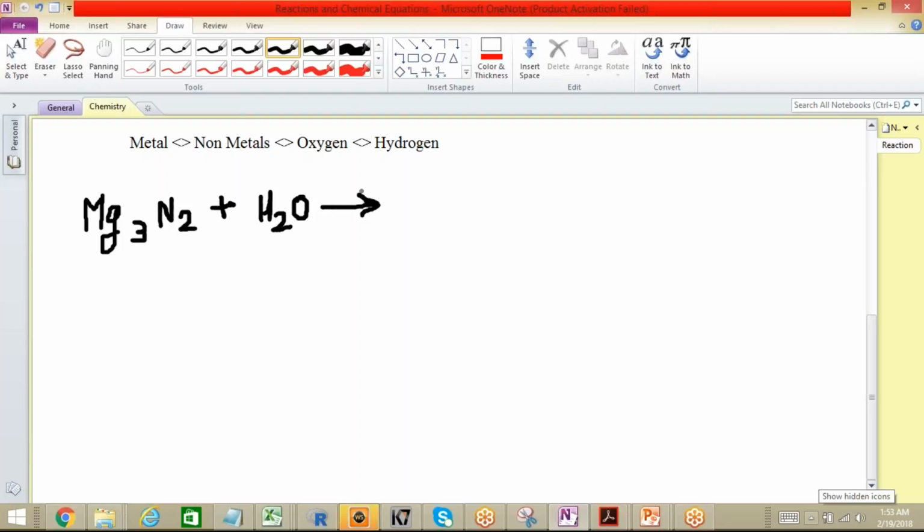Then what will be the output? It is magnesium hydroxide, that is MgOH2. Fine. And the output will be ammonia, that is NH3.